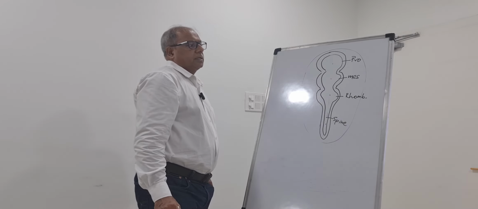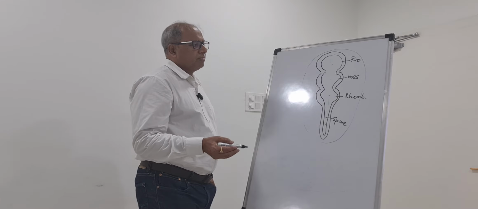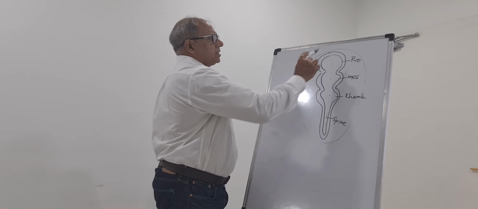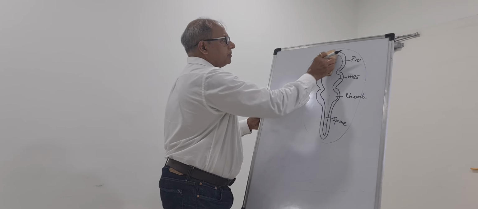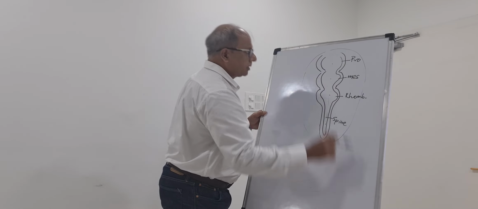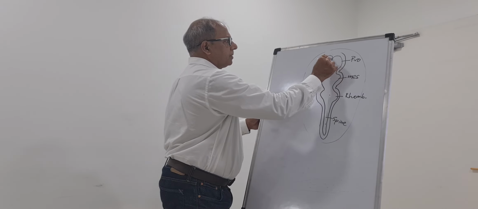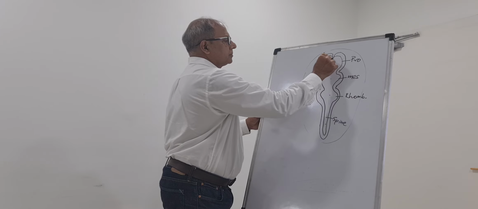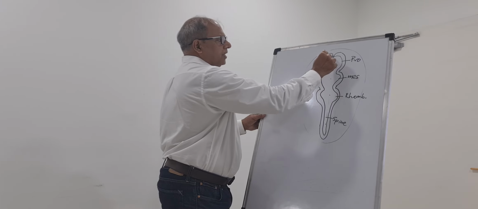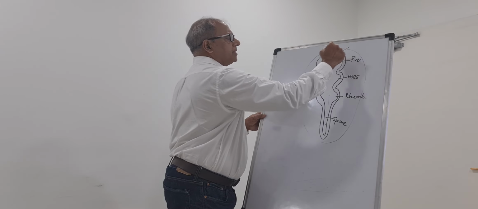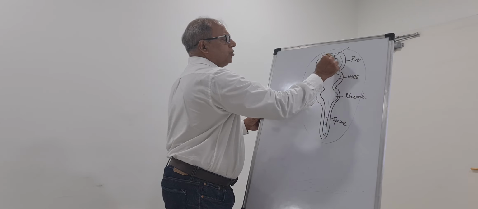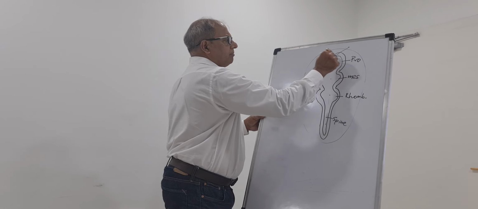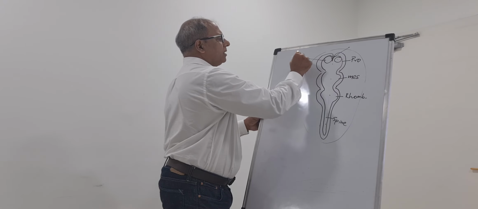What happens at the time of growth? There is a formation of a depression from this part. So there will be a depression which is making this prosencephalon into 2 halves. Each half will be called telencephalon.